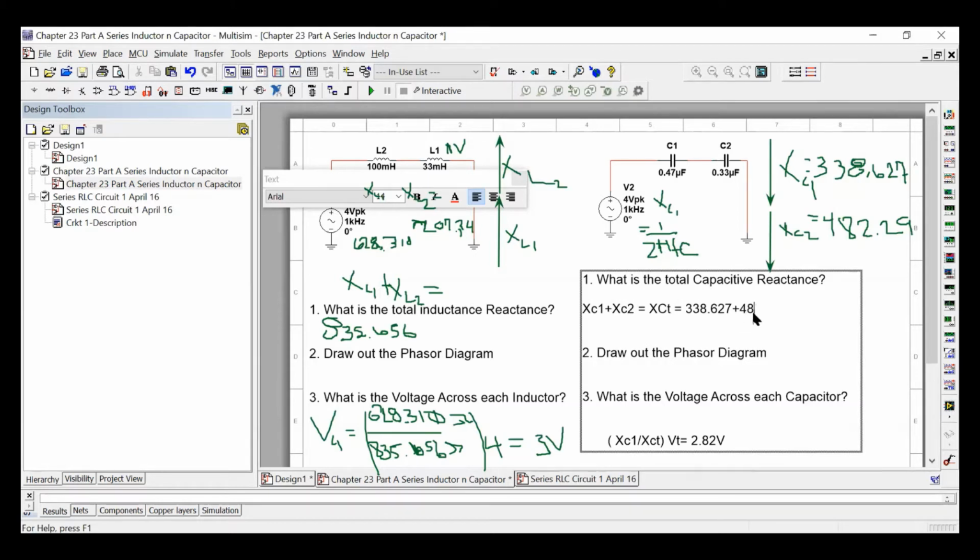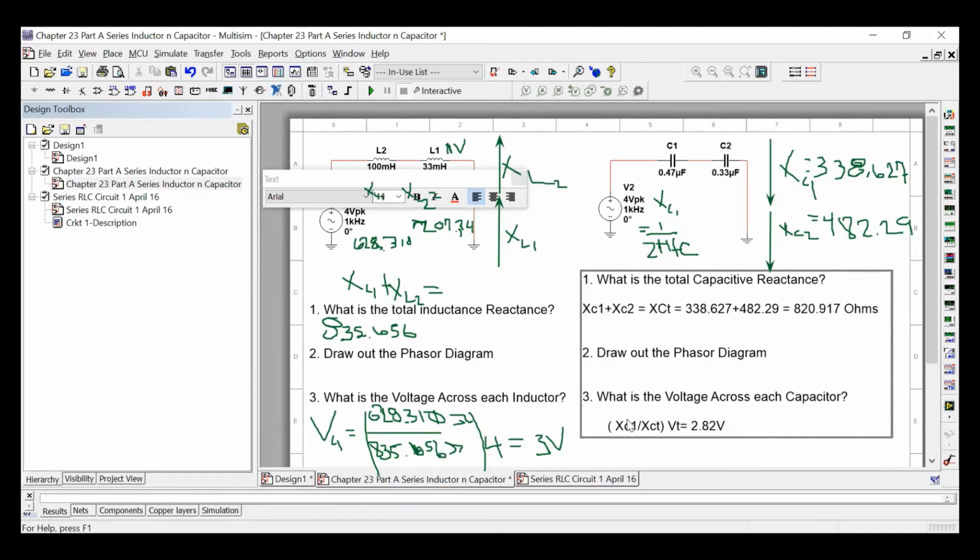Those added together is 820.917. That makes more sense. And then this guy's going to be about 2.82, if I remember right. So I did X of C1, right? 338.627 divided into X of C total, which is 820.